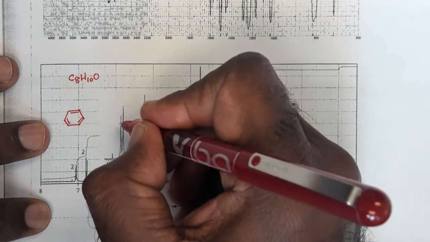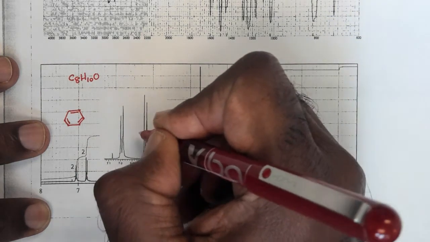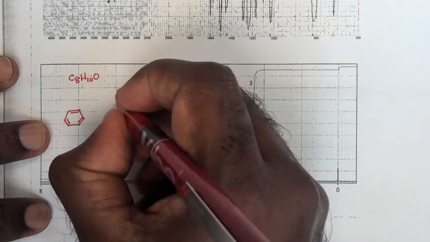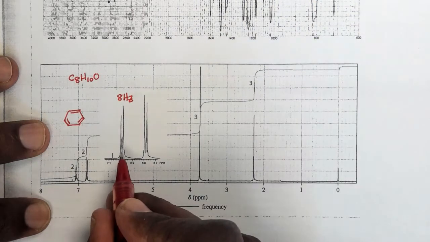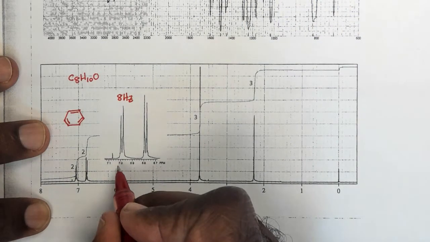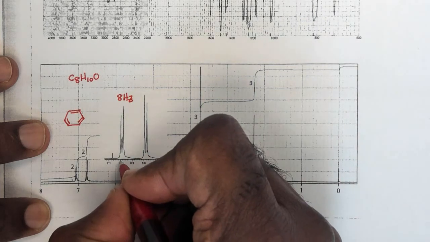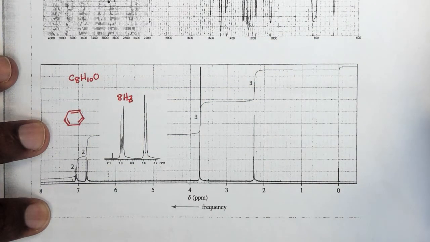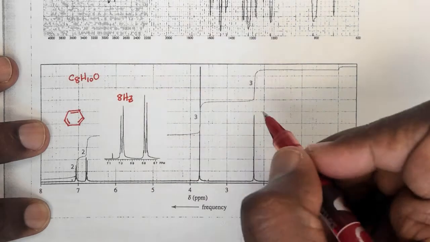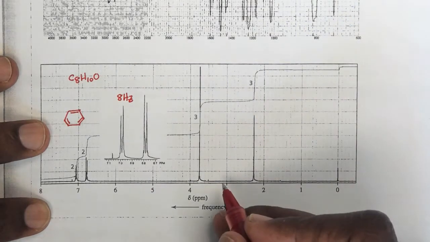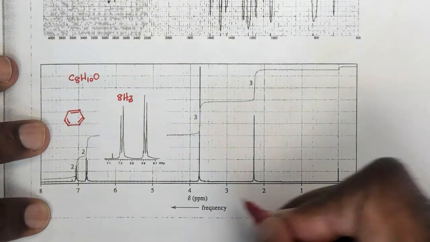Now, these coupling constants, if you had to work out what they are, are about 8 Hertz. Normally in an exam, I would either give you the coupling constant of the doublets, or I would give you the individual peaks, and you may be required to calculate the coupling constant based on what I taught you about how to calculate coupling constants using the ppm scale that you see here.